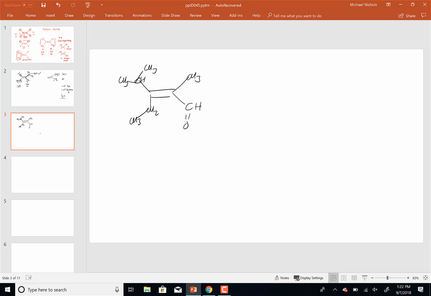In this case, let's do the two on the left. Which one has the higher priority of the two groups on the left? The top group or the bottom group? I heard top. Do we all agree that it's the top group?